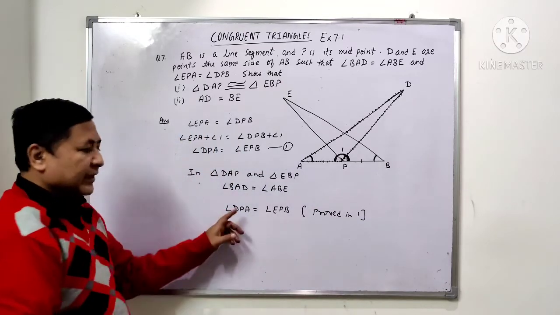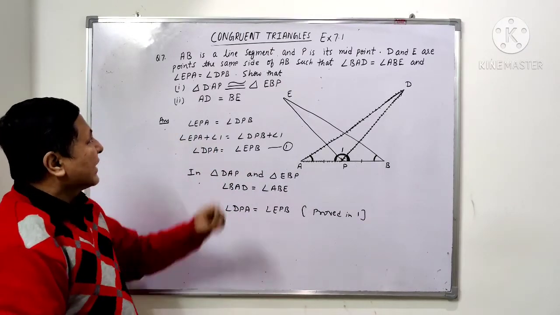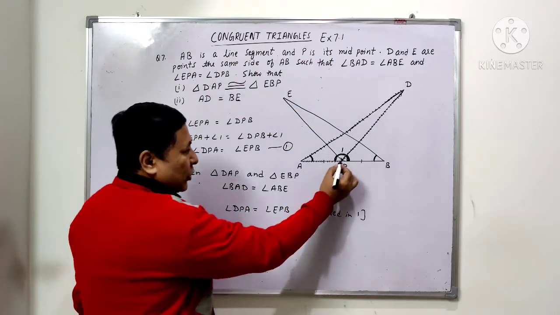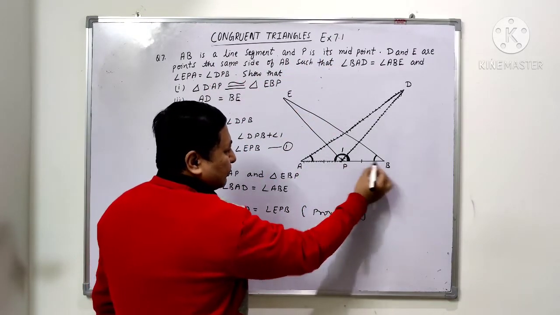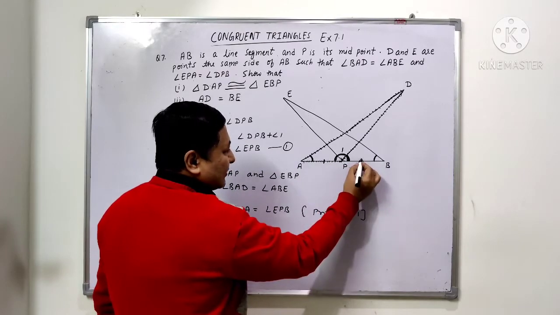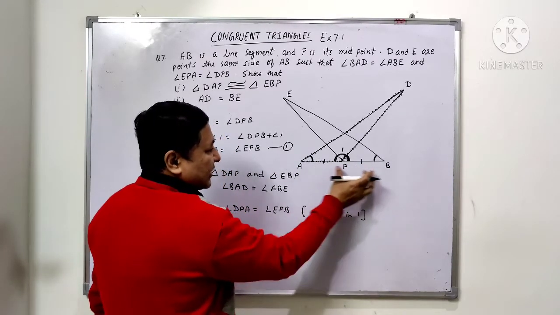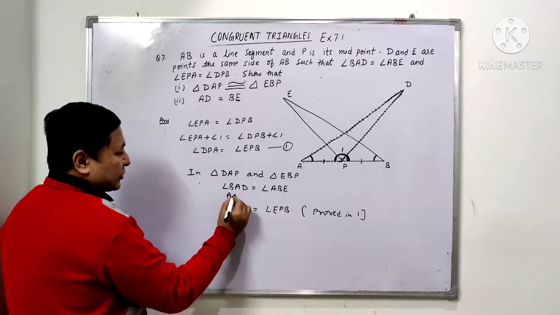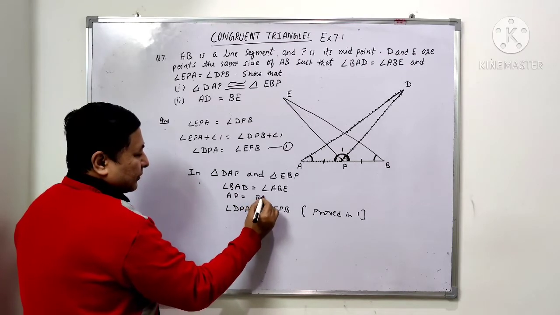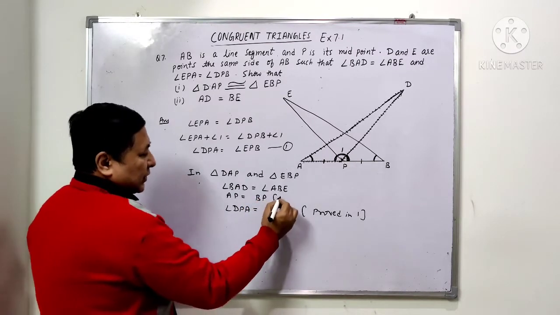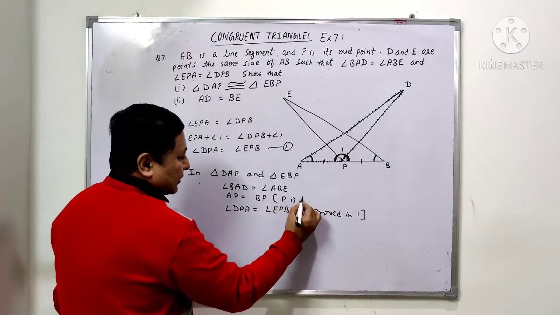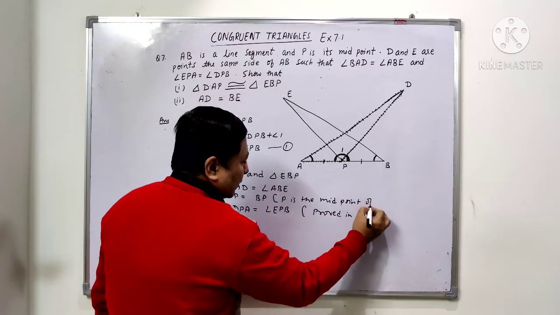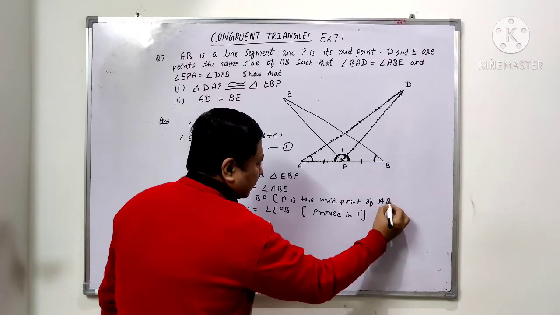Now two angles we have taken. Also it is given that AB is a line segment and P is its midpoint. P is the midpoint, that means AP and BP will both be equal, because this is the midpoint. So we can write that AP is equal to BP, and the reason is that P is the midpoint of AB.